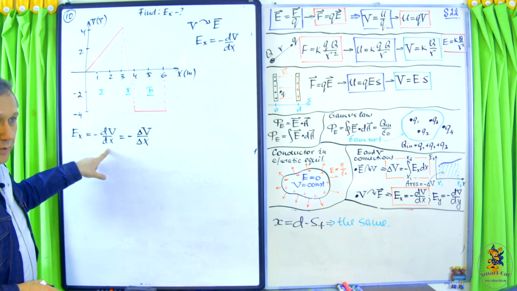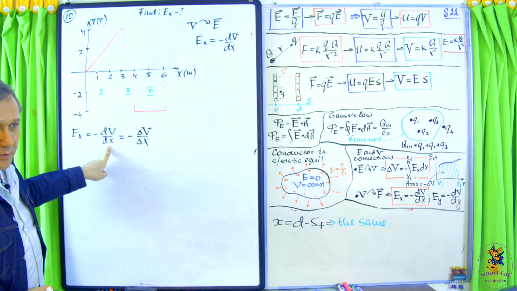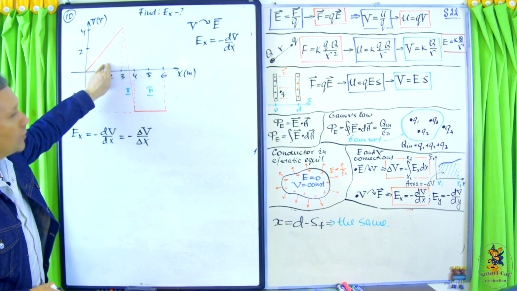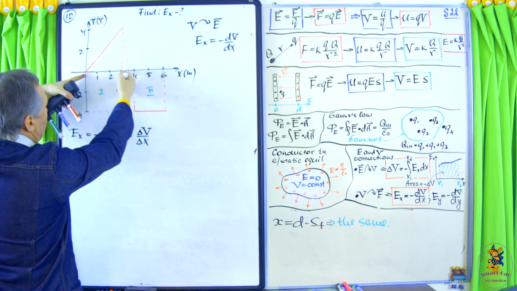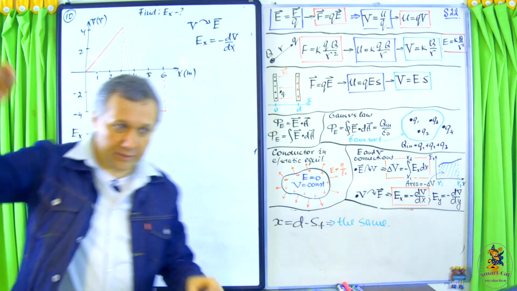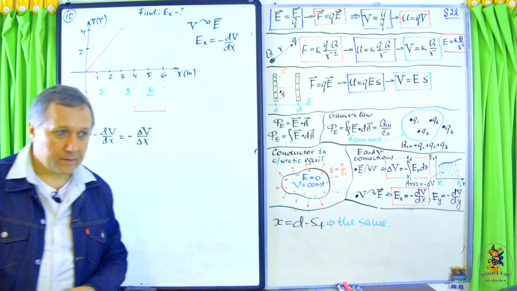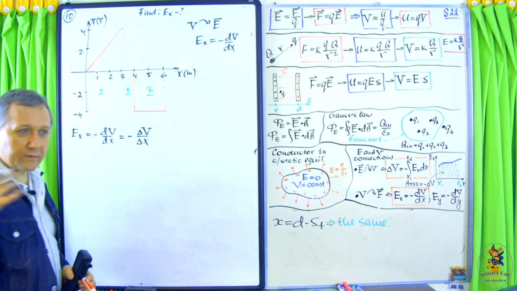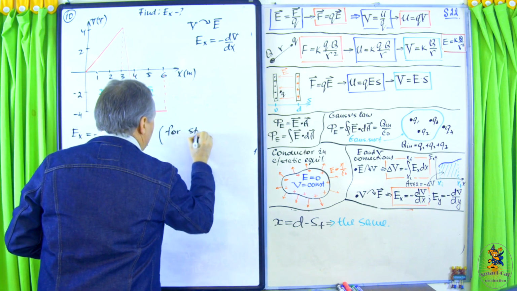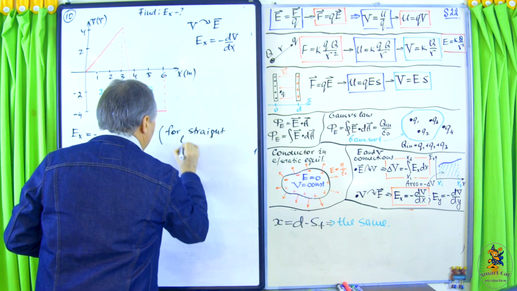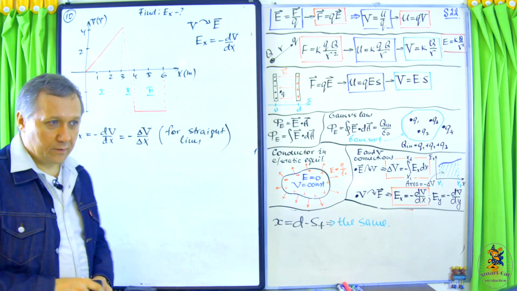Because this is a slope, and for a straight line it doesn't matter if you use an infinitesimally small increment dx to calculate the slope, or a finite increment, for example between 0 and 3. The slope will be the same because we have straight lines. Slope is exactly the same at all points of these three regions. So we can use this trick, and we will use it several times in this course. Again, it's only true for straight lines. So we can replace dV over dx with delta V over delta x.